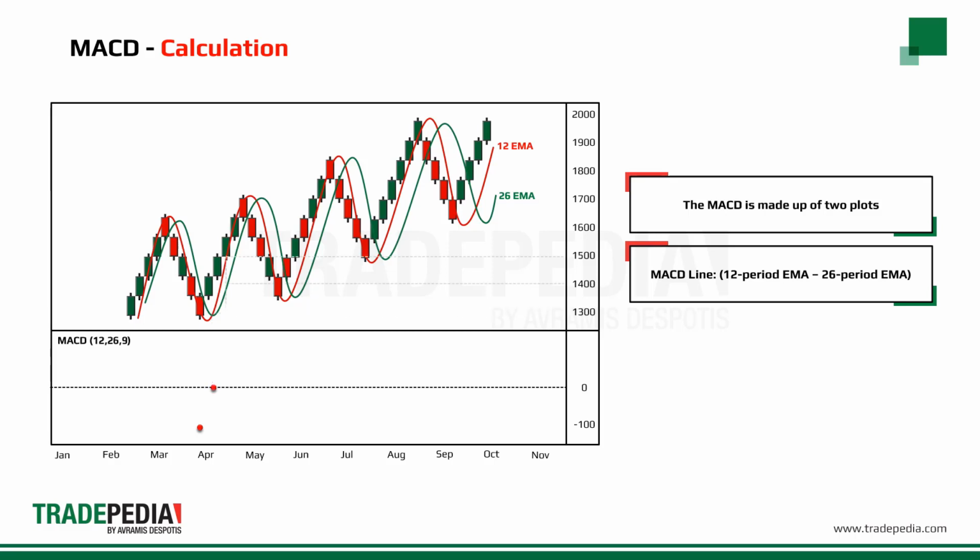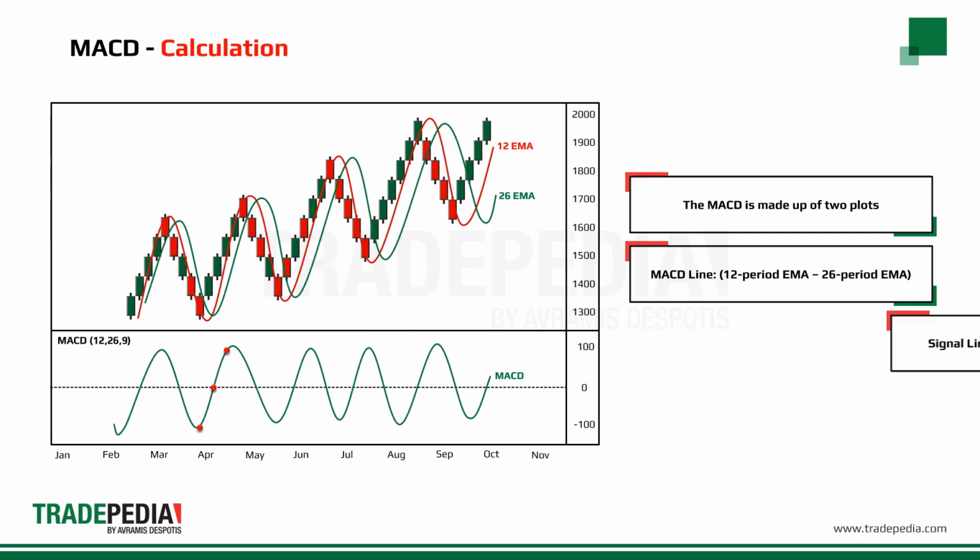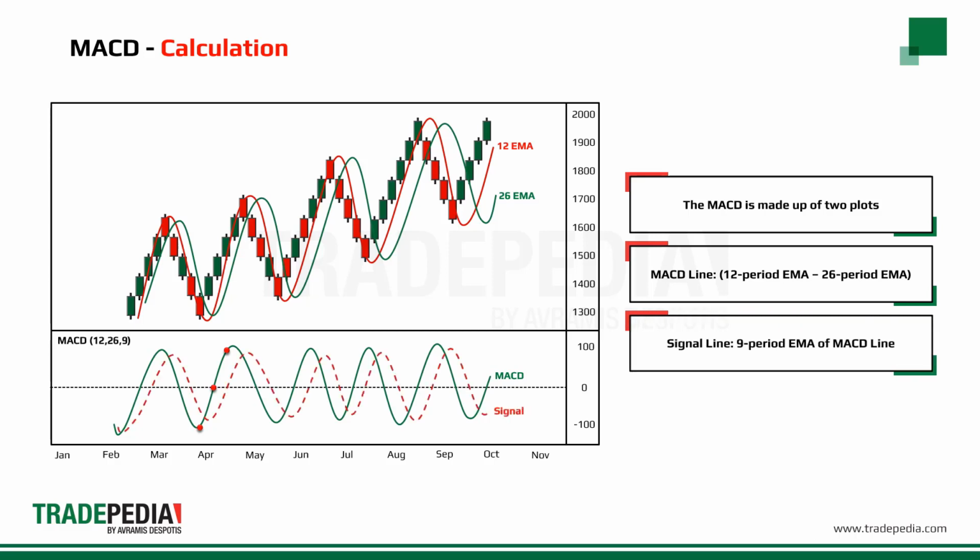And when the 12 is above the 26 and the difference in price is 100, the MACD will be at positive 100. Thus, when the 12 period is crossing below the 26 period, the MACD is crossing the zero line, heading into negative territory. The second plot is that of the signal line, which is a 9-period exponential moving average of the MACD line.